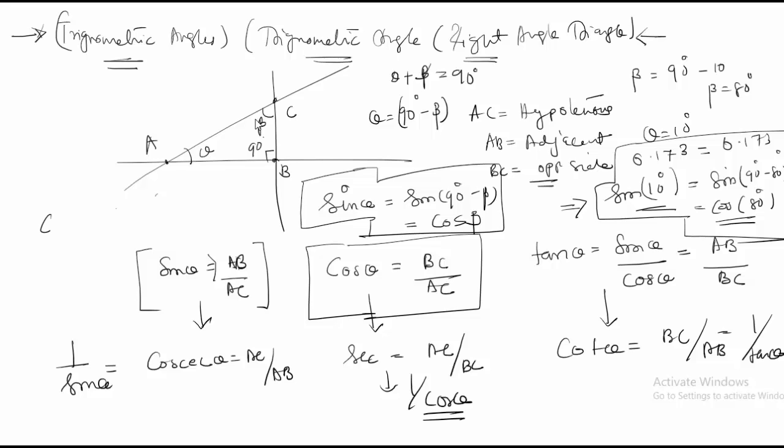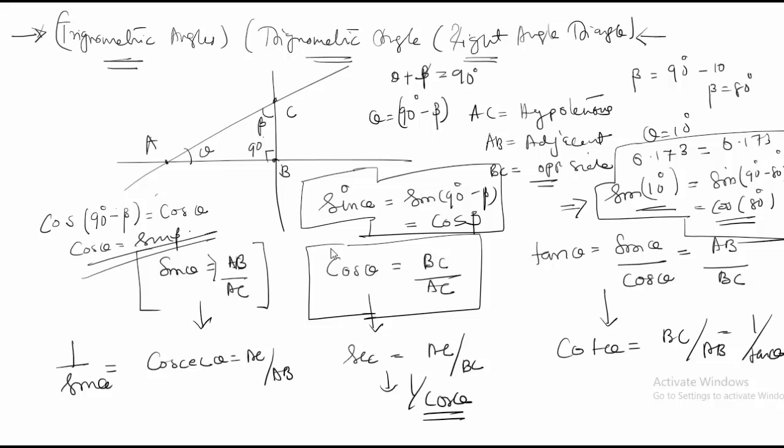So my cos of 90 degrees minus beta will be equal to cos theta, so cos theta is equal to sine beta.